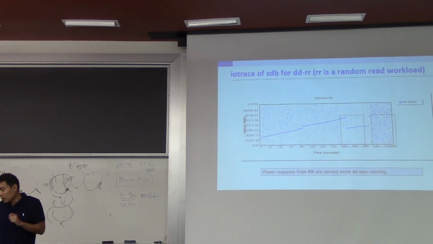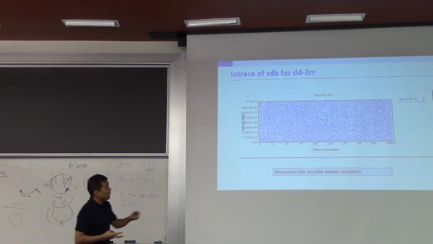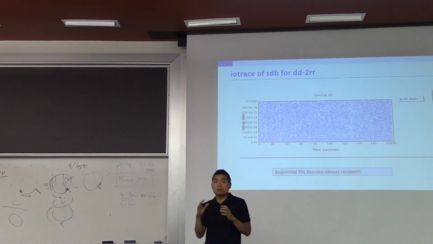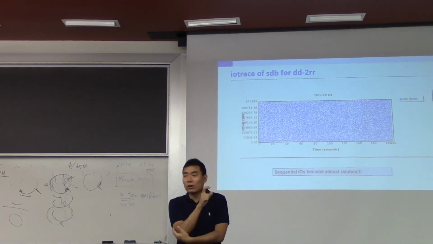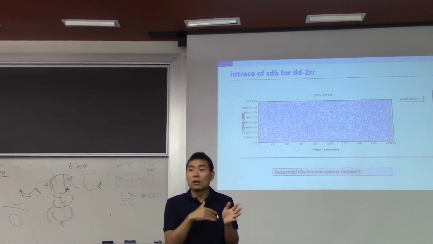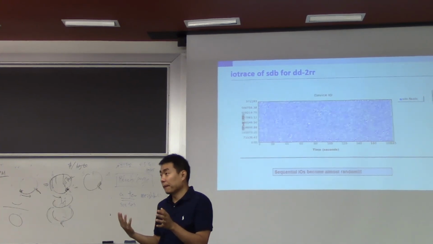Now I'm adding 2 random workloads at this point. Now you can no longer tell that sequential workload anymore. The reason being that you are serving these 3 workloads in an interleaving fashion.